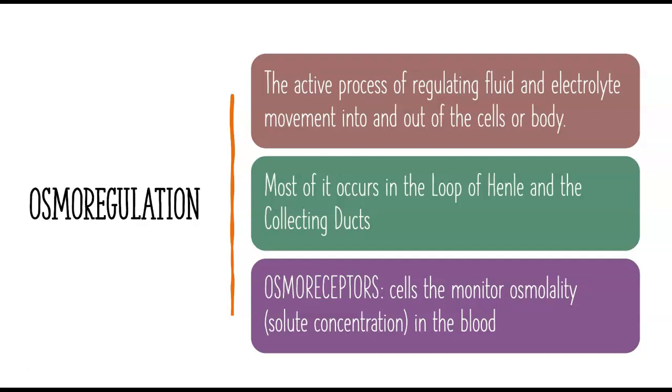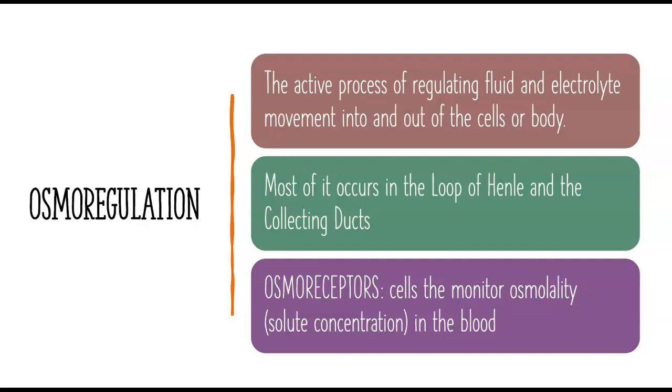So water regulation and electrolyte regulation are coupled together. Most of the osmoregulation that's going to take place, and the adjustments to low or high levels of water, are going to occur in the loop of Henle and in the collecting ducts of the nephrons.